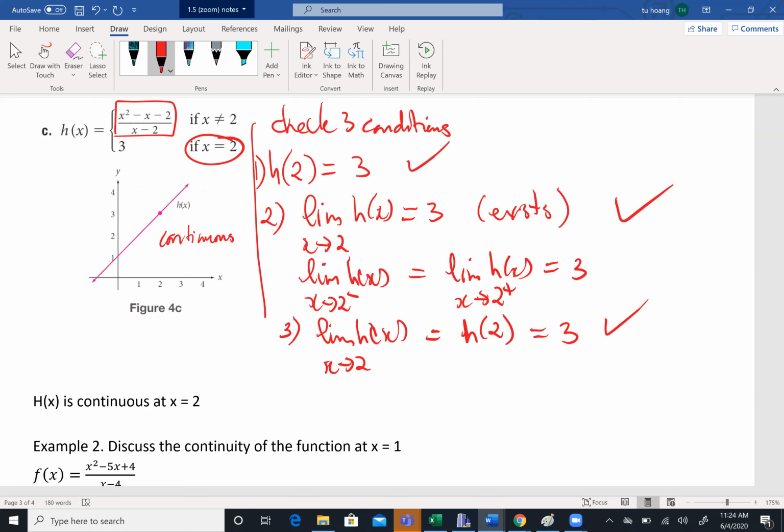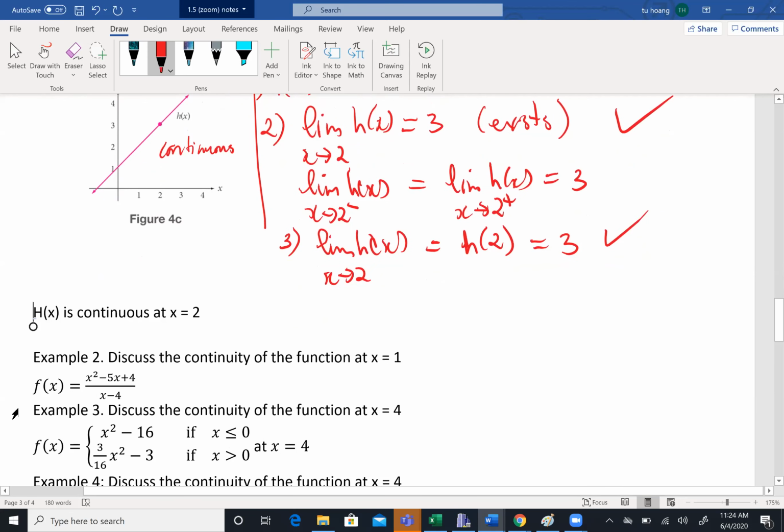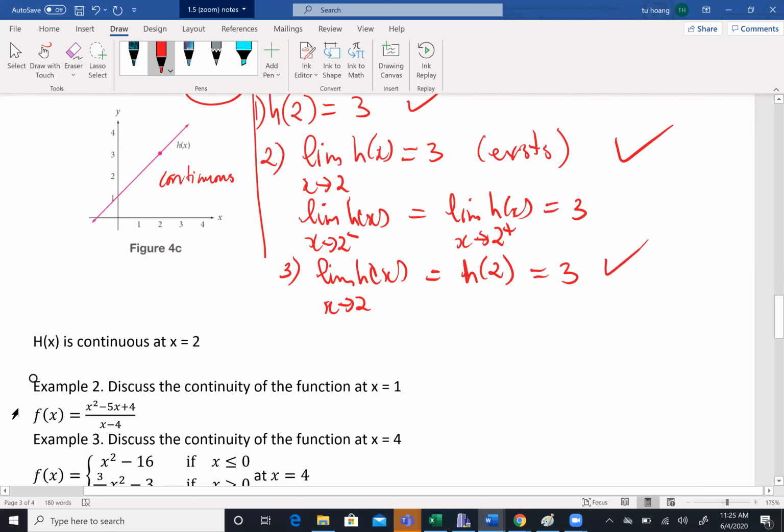All right, so I have finished example 1 for you already. We talked about how to check the three conditions for determining if f(x) is continuous.